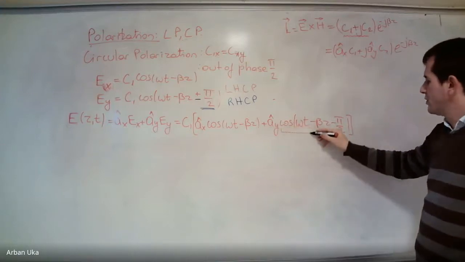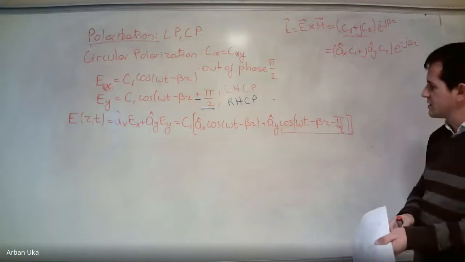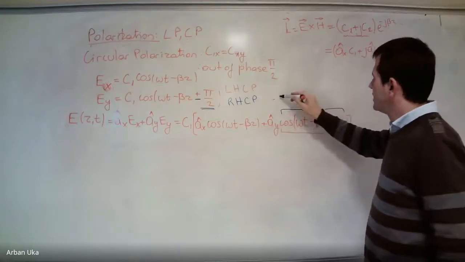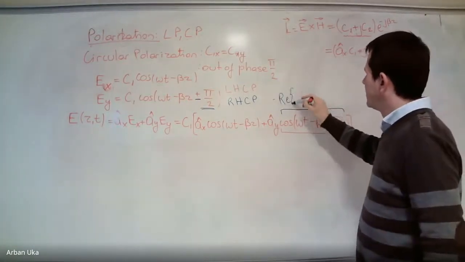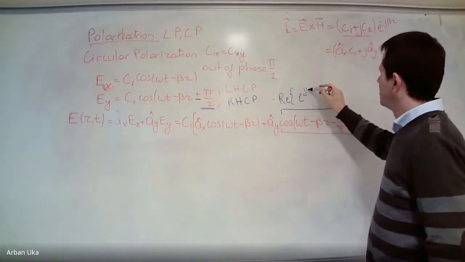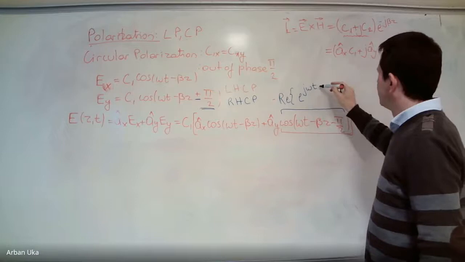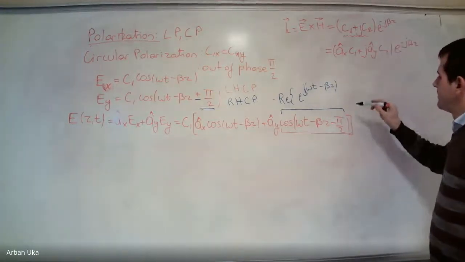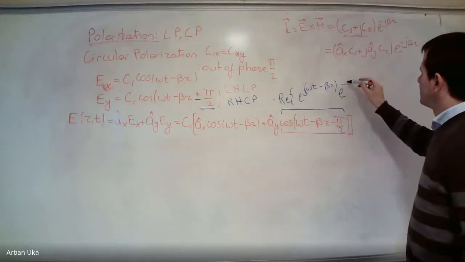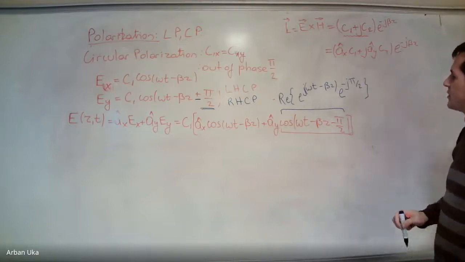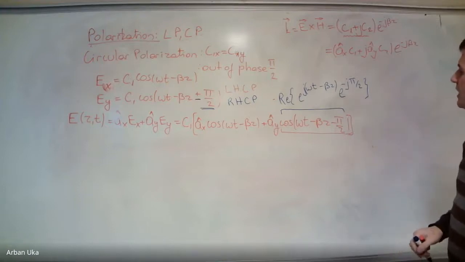We know that this whole expression, I'm going to erase this one in a second, but let me write it like this. This cosine has come from the expression of the real part of e to the power j omega t minus beta z, times e to the power minus j pi over 2, right? So this is how we pick this up.